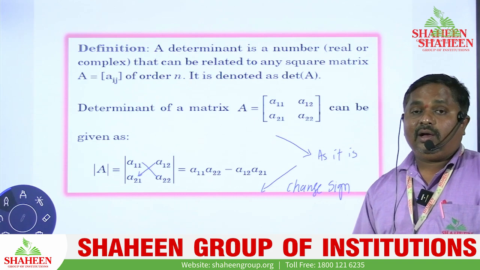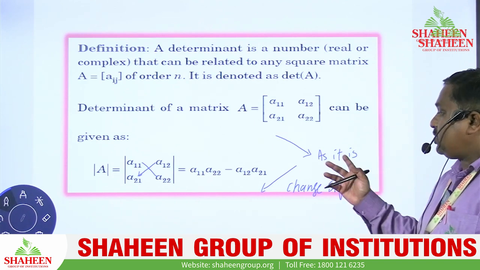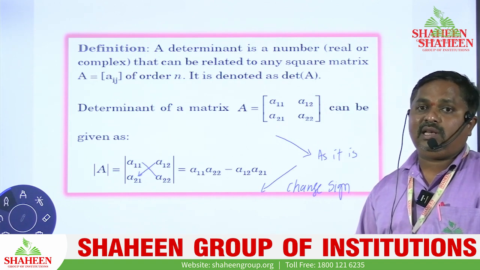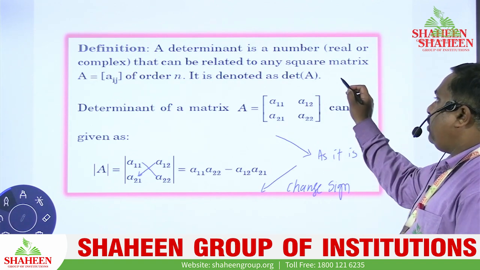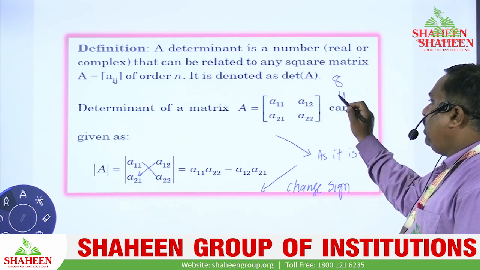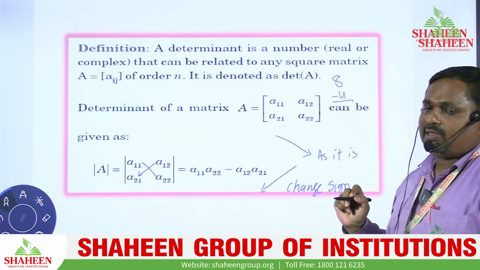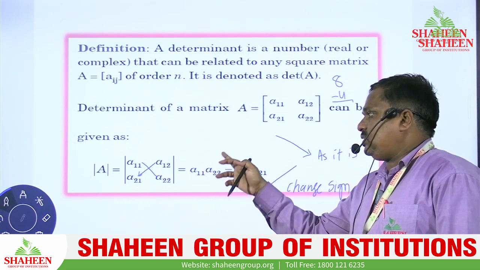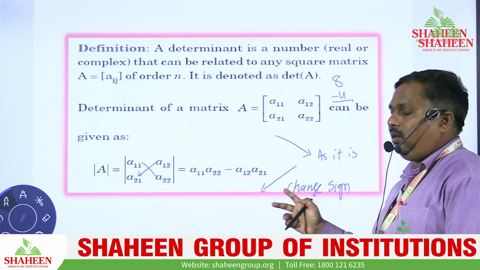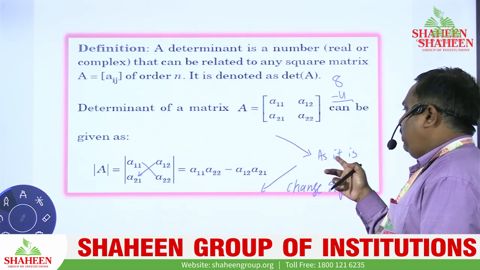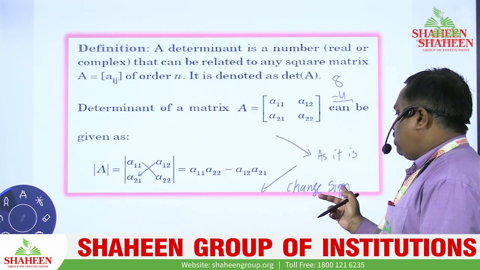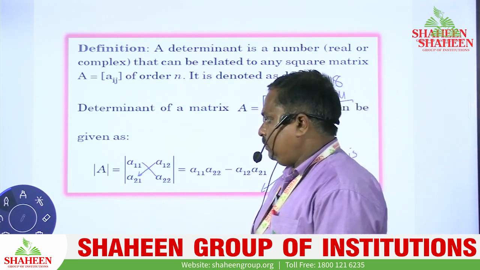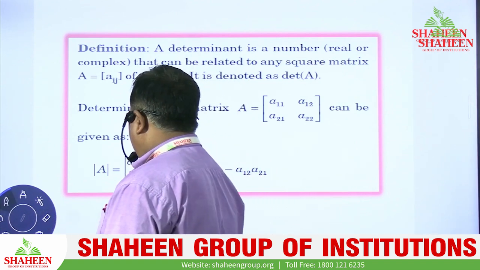Because we are subtracting the second multiplication. When we subtract, the sign of the number changes. For example, from 8 we are subtracting 4, 8 minus 4. The second number's sign changes. Like that, from the first multiplication, the second multiplication we are subtracting. Then we are changing the sign. First multiplication as it is, second multiplication change the sign. On cross multiplication we will get this determinant value. Understood now? Okay. Let us move to the next.